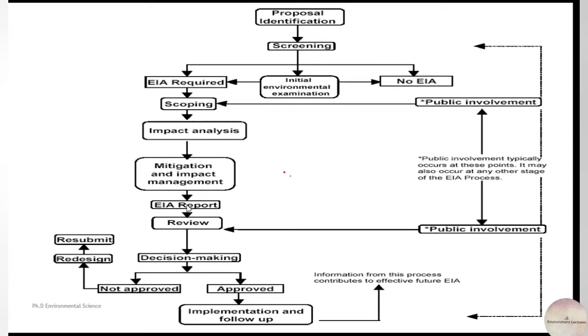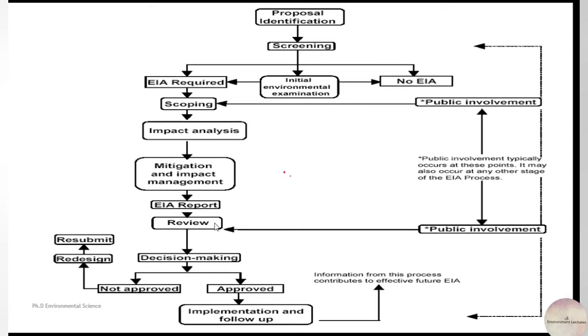An EIA report is prepared summarizing the findings, proposed mitigation measures and the management plans. Coming to review, now EIA report is reviewed by the relevant authorities and stakeholders. Public involvement can occur again at this stage for additional input.